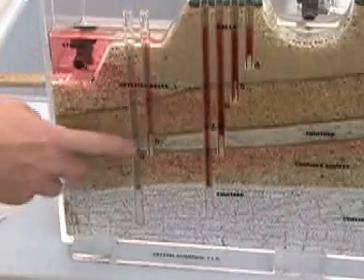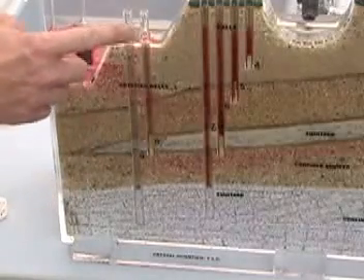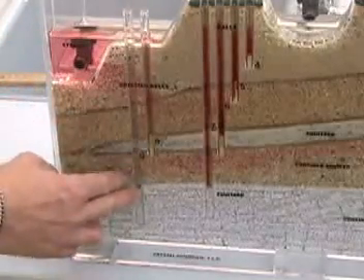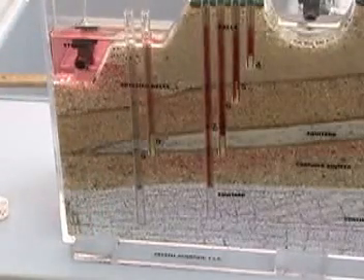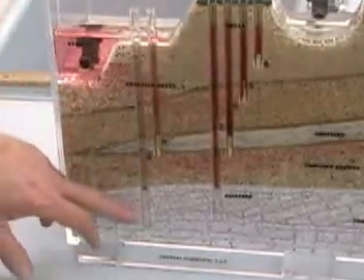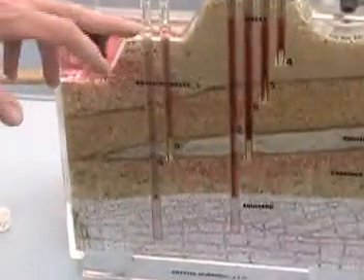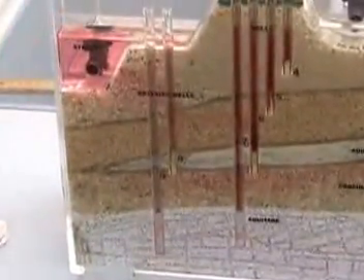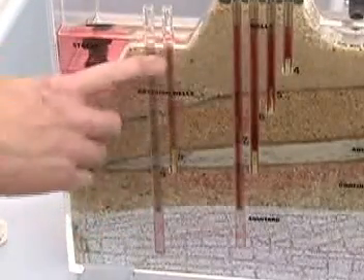And up here now you can see the red rising up in this well. These are called artesian wells. Artesian wells are wells that are put down into confined aquifers. And these two particular wells are known as flowing artesian wells. And you can see that the water is rising up the well and coming out.